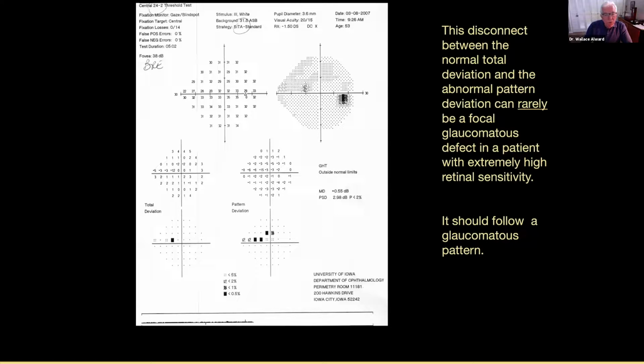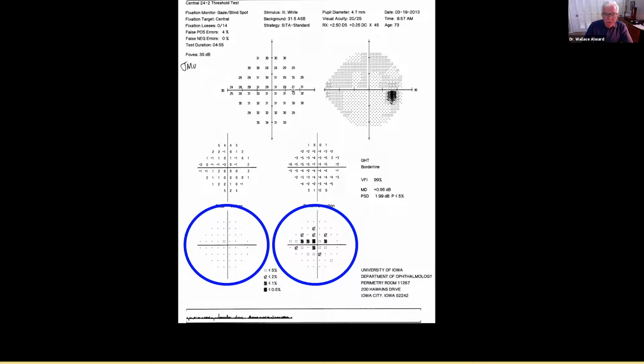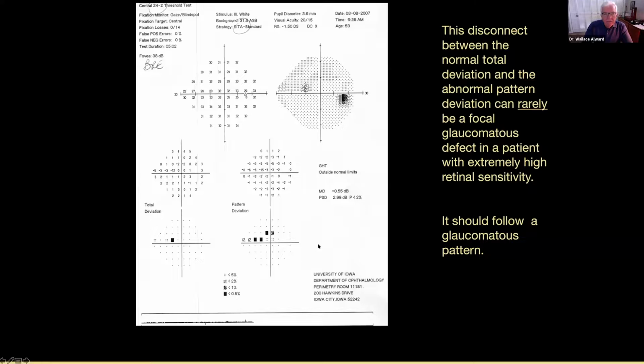So it's important, though, to point out, and let me back up to this field. These don't really line up with anything, right? This is a field of somebody who has more on pattern deviation than total deviation, but this is one of those patients who has perfect vision, test pilot kind of vision. And no false positives up here.